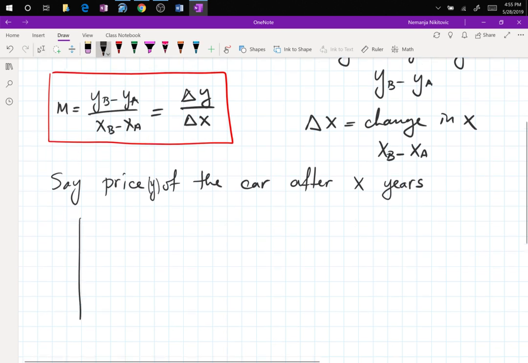And we can just put a depreciation line over here, let's say from 30,000, and let's say you have 30 years and the car is completely worthless.